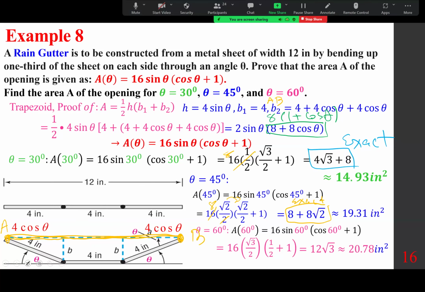Class, this is going to go away. This becomes 8, and this is 3/2. So 8 times 3, 24, divided by 2 is 12 times square root of 3. Again, exact answer. Roughly 20.78 inch squared.